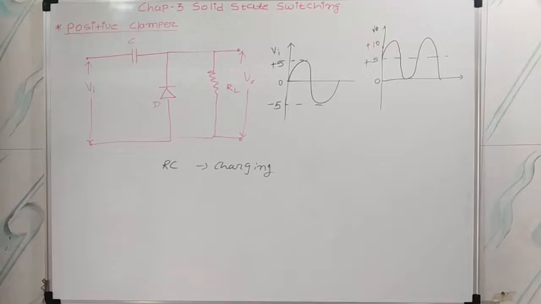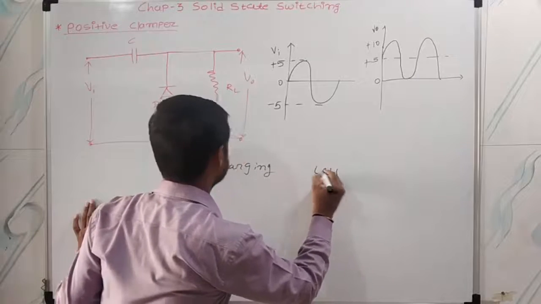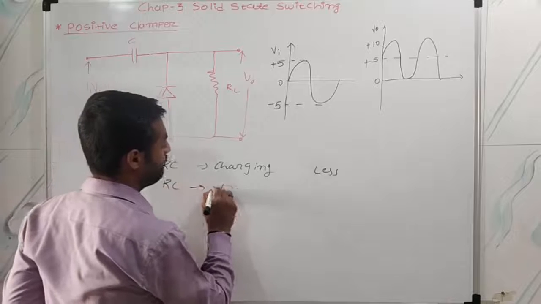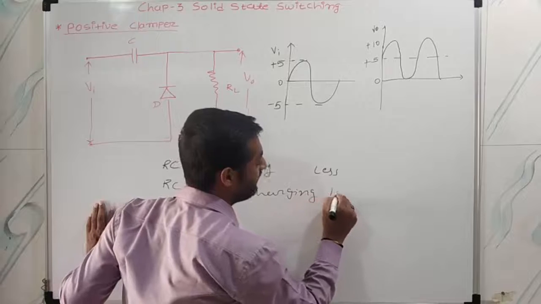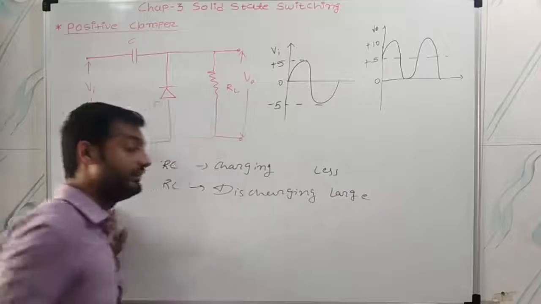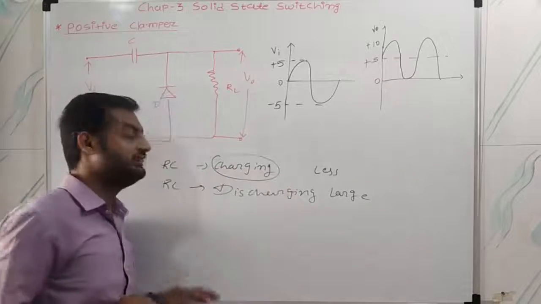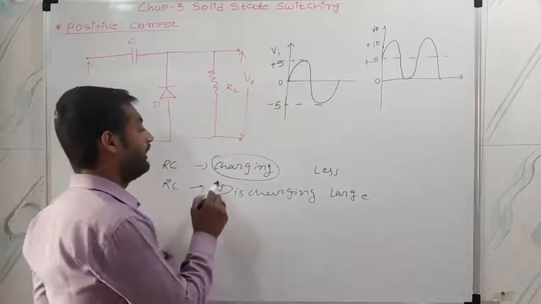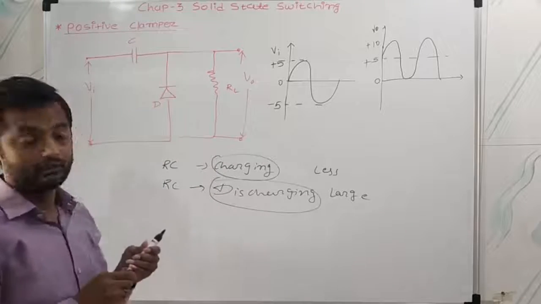Now as I told you, the RC time constant for charging and discharging are dependent. The RC time constant for charging is small, and the RC time constant for discharging is large, right? Due to that, while charging it will take less time, but while discharging it will take greater time, right?